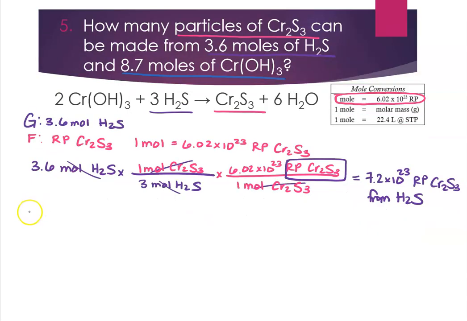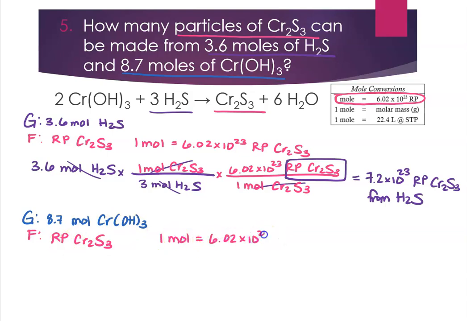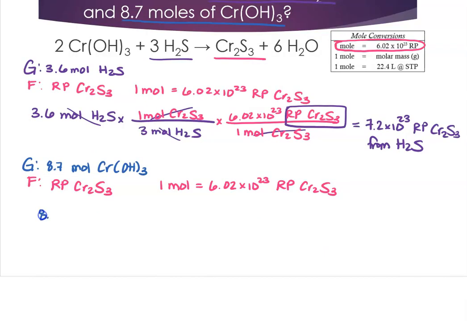And then the second given is 8.7 moles CrOH3. And my find is the same, RPs Cr2S3. Again, since I'm starting with moles, I don't need a conversion factor, but for RPs, I do need 6.02 times 10 to the 23rd RPs. So now let's plug in. I start with 8.7 moles of CrOH3.